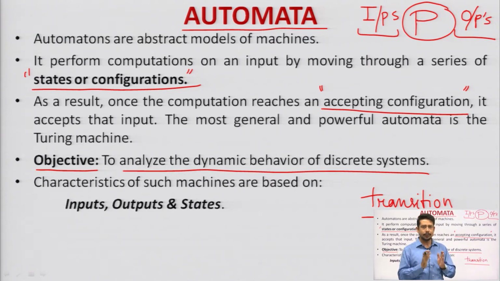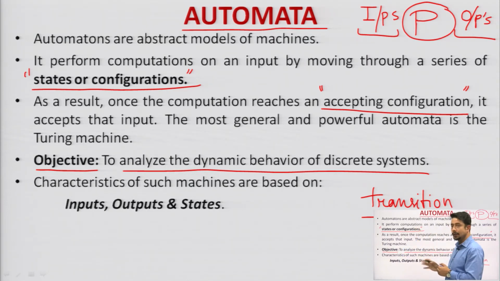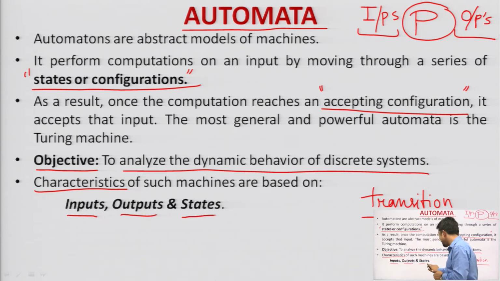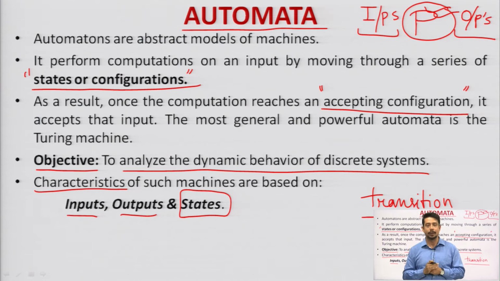We will check them one by one. Finally, the characteristics I have been discussing since the first slide are inputs, outputs and states. These states will define the processing part. How? Let us discuss in the next slide.